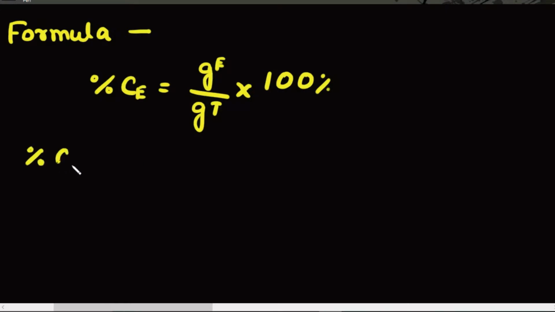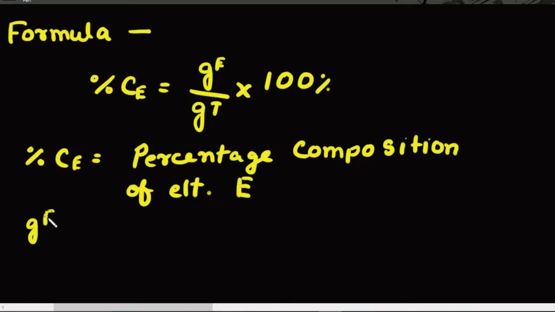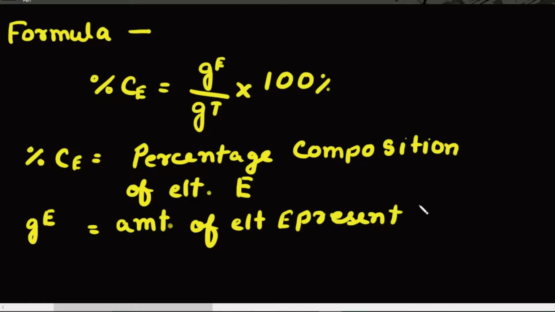Here, percentage CE is the percentage composition of the element E, G superscript E is the total amount of element E present in the compound, and G superscript T is the total amount of all the elements present in the compound.